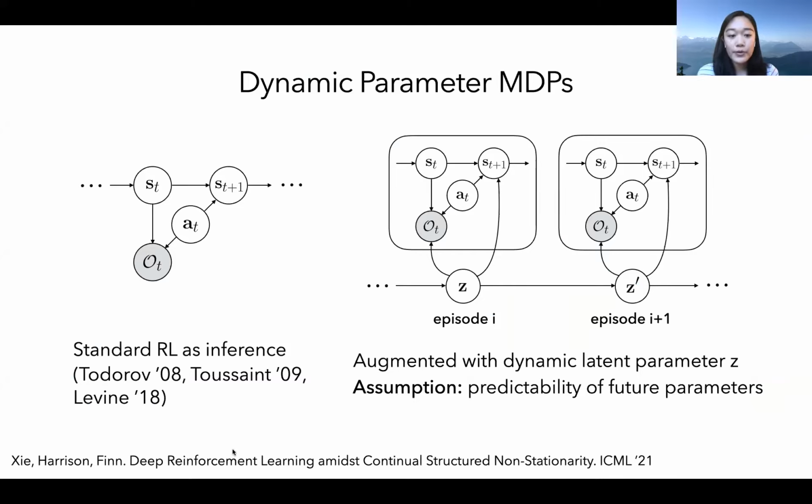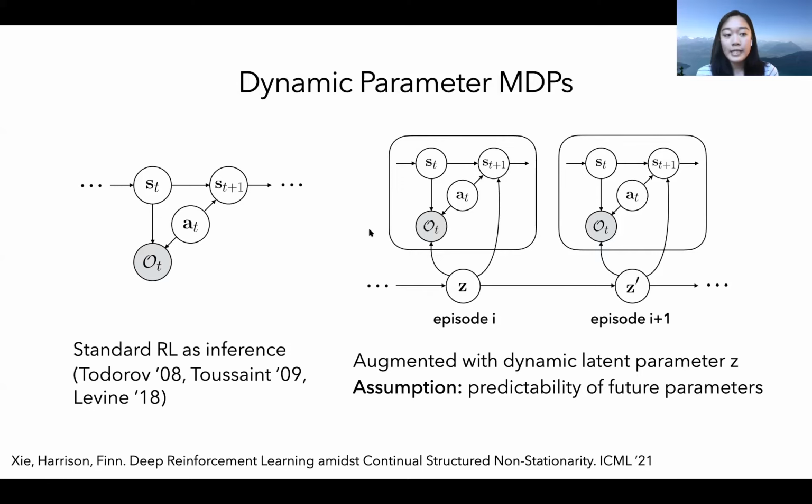And so one way to model this kind of non-stationarity is with this Markov decision process that has underlying parameters that vary over time. We call this model the dynamic parameter MDP. Formally, it's equipped with a set of task parameters, Z, that define the dynamics and the reward function.